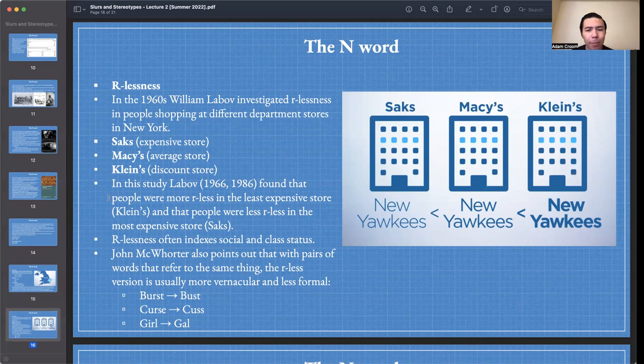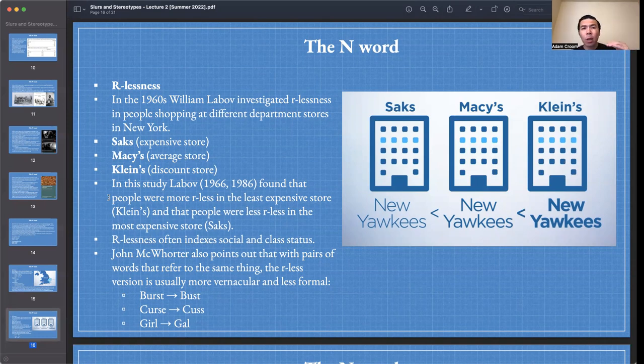Okay. All right. In the 1960s, William Labov, another very important sociolinguist from the University of Pennsylvania, investigated R-lessness in people shopping at different department stores in New York. So the different department stores included Saks, which is the most expensive store, Macy's, which was the average store, and Klein's, which was a discount store.